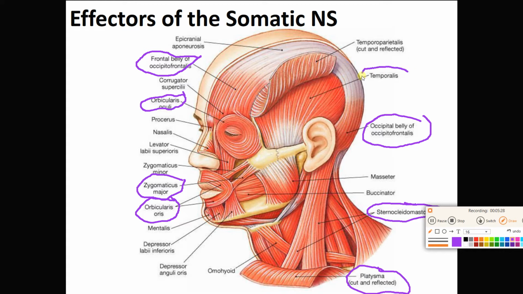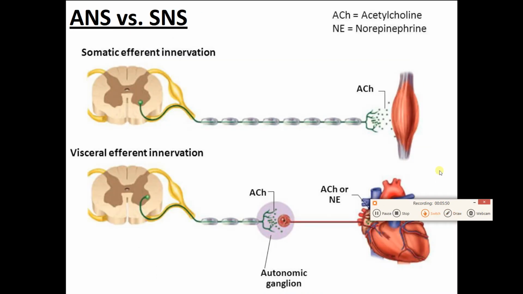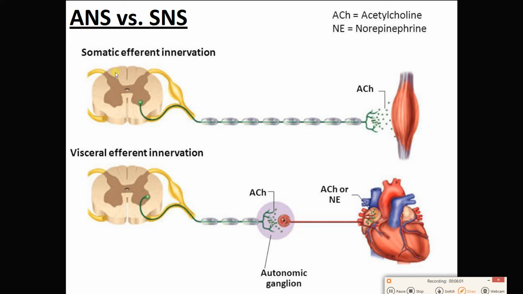Okay. With that, let's look at some other differences between the somatic and autonomic nervous system. We already know somatic, voluntary, controls skeletal muscle. Autonomic, involuntary, controls cardiac muscle, smooth muscle, and glands. Okay, another difference lies in the neural pathway, how the neurons go from the central nervous system, which we see here represented by the spinal cord, to the effector.